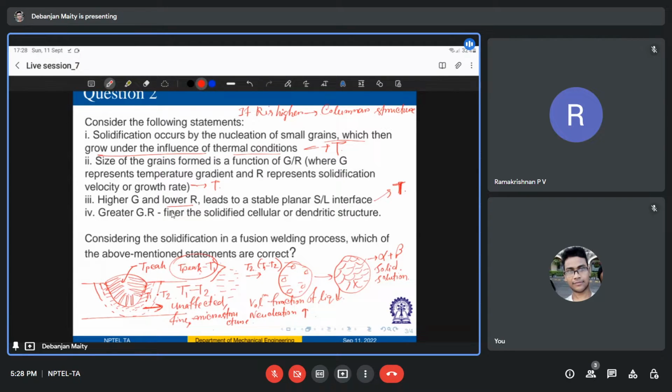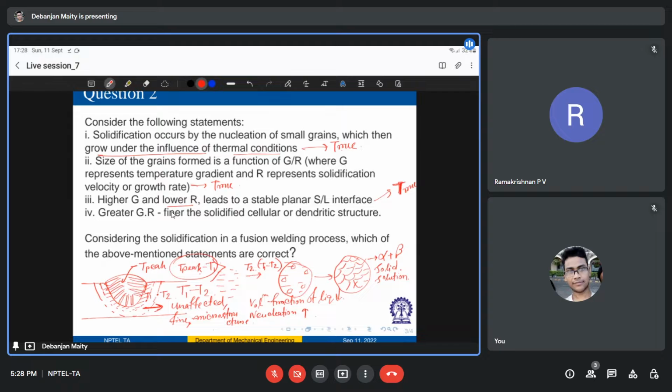Now, the last statement states that the greater the GR, the finer the solidified cellular or dendritic structure.